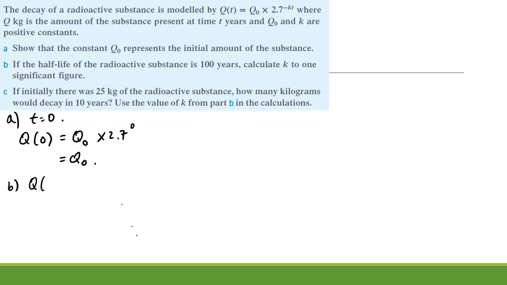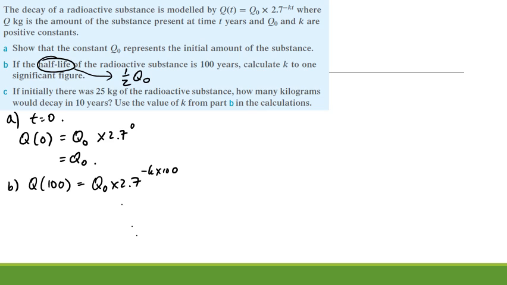So Q of 100 is equal to Q naught times 2.7 to the power of negative k times 100. Now, if you don't know what a half-life means, you have half of the original amount.